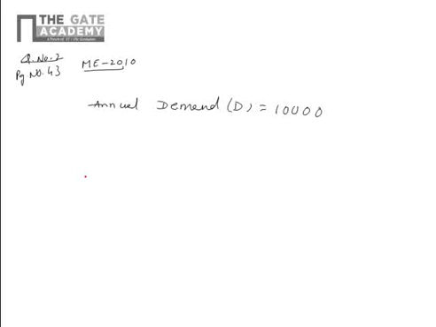Each frame costs 200. Price of the item, P, is equal to 200.